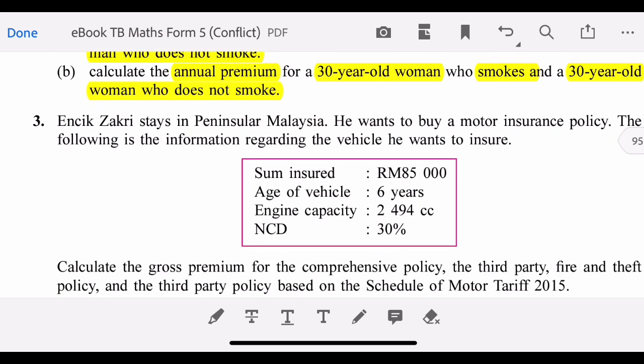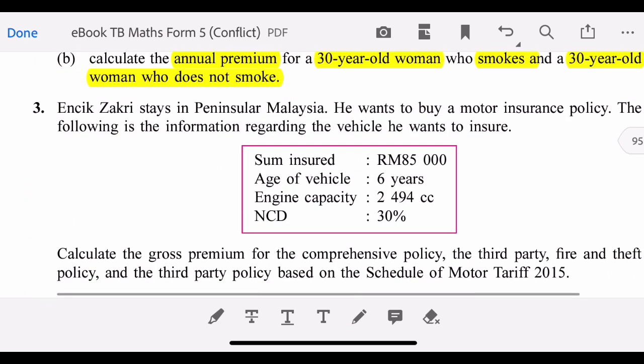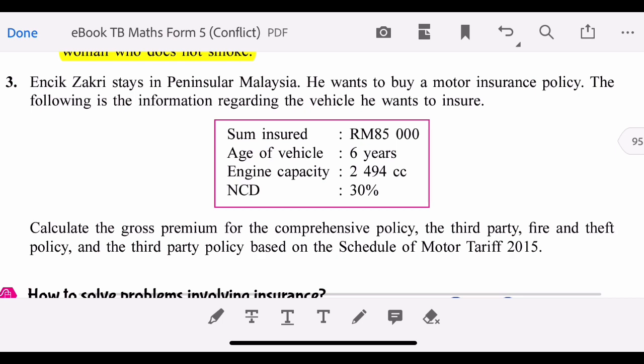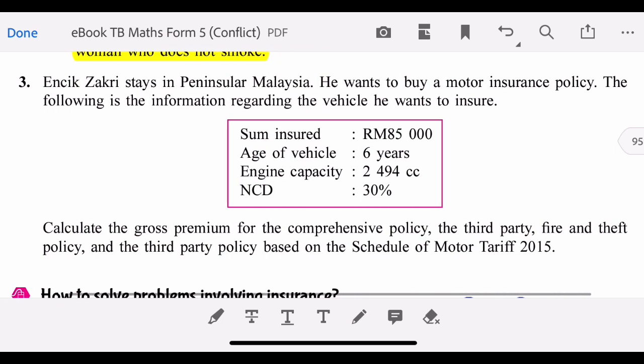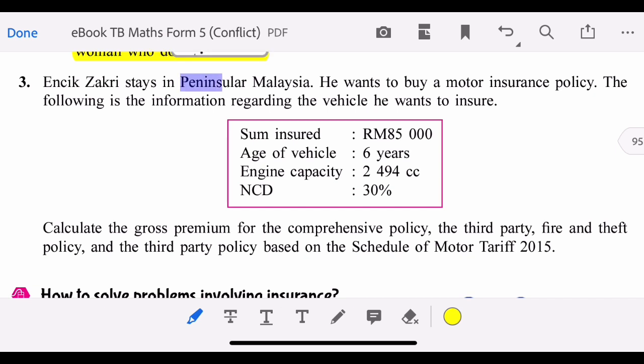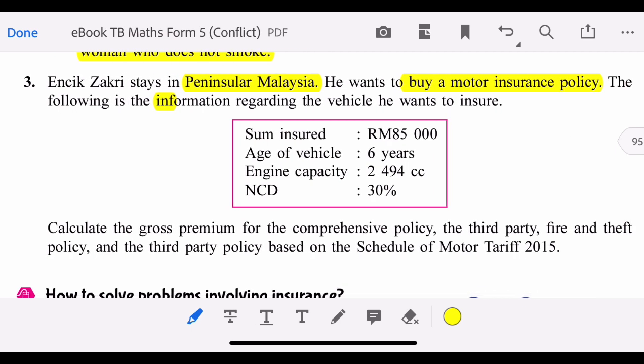Okay, then question number 3 is about Inche Jakri, who stays in Peninsular Malaysia. You have to calculate the gross premium for the insurance. He wants to buy a motor insurance policy, and the following is the information regarding the vehicle he wants to insure.